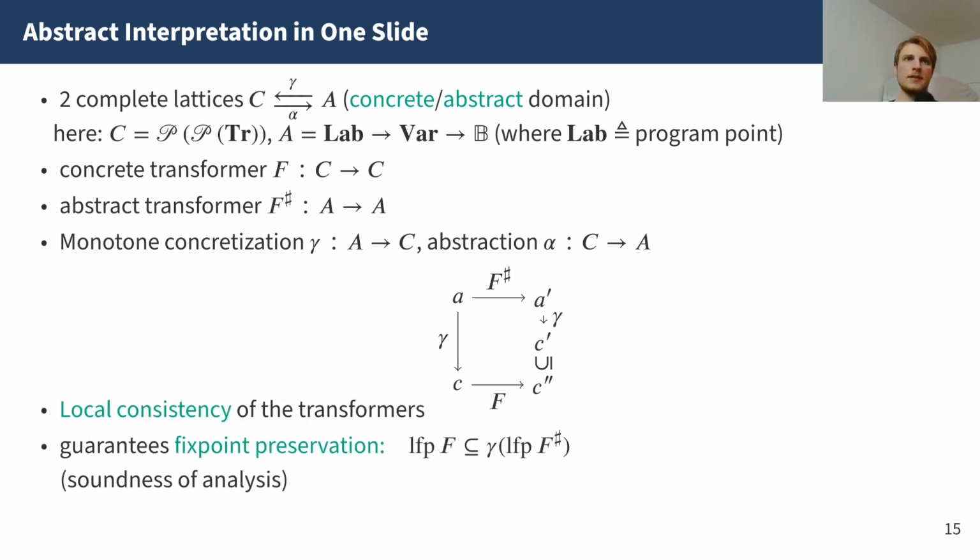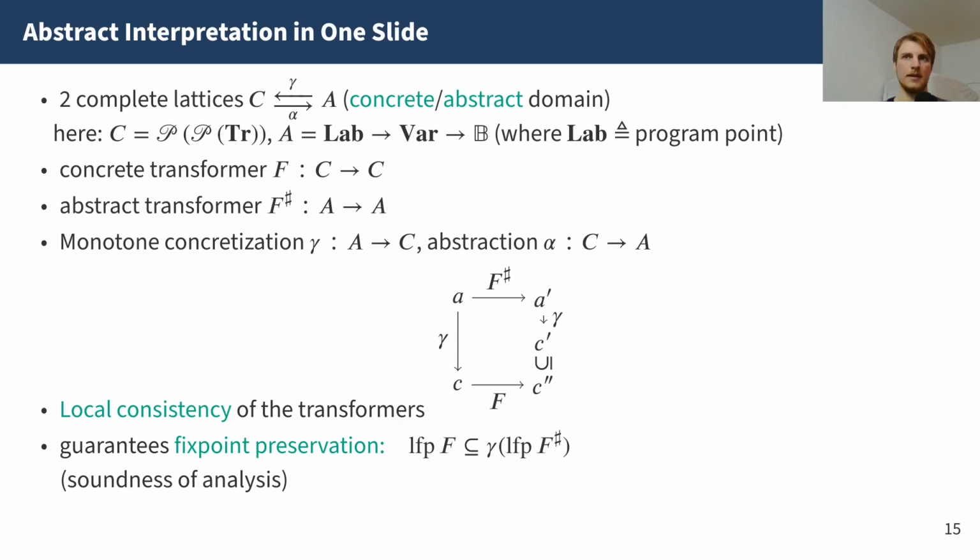To prove an analysis correct, one only has to prove local consistency, as shown on this diagram on the slide. Intuitively, it means that doing an abstract step subsumes all possible concrete behavior. The proof of local consistency already gives us fixed point preservation.